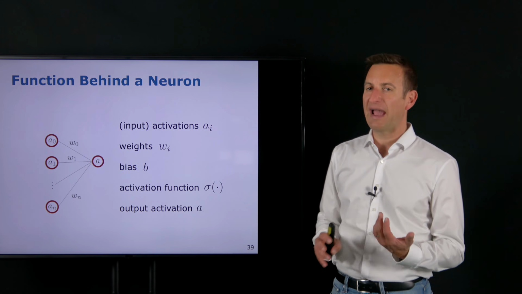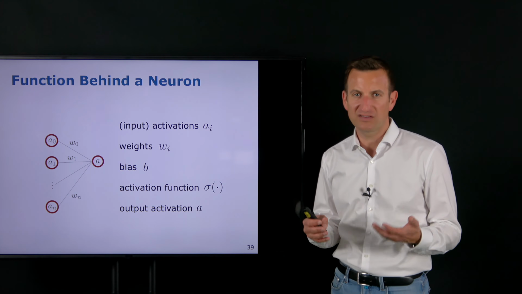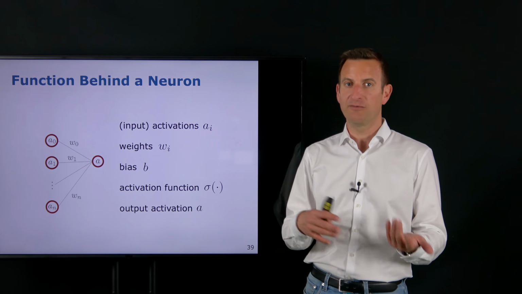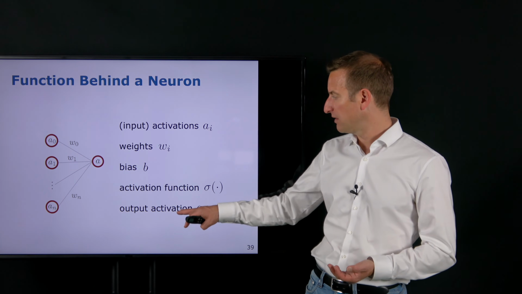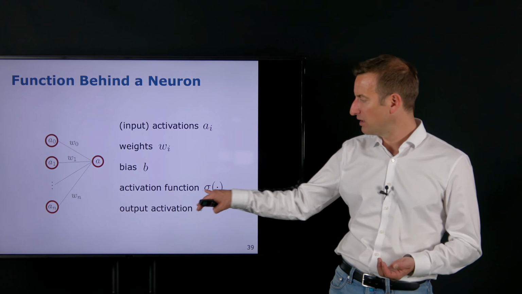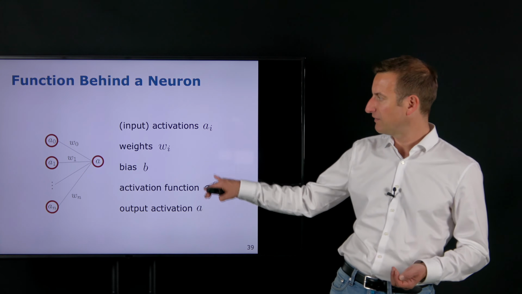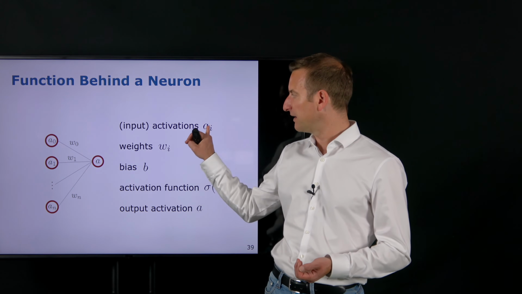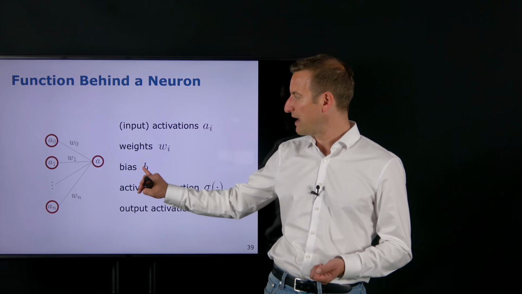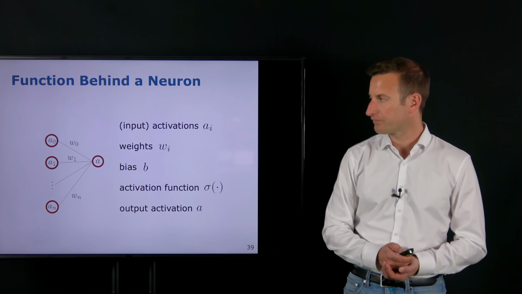And then it has a so-called activation function, which, as the name says, decides whether this neuron is active or inactive. Then it creates an output activation, which is the output of this activation function. The input of this activation function combines the input activations, the weights, and the bias.